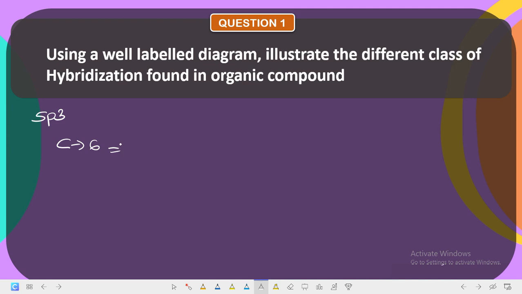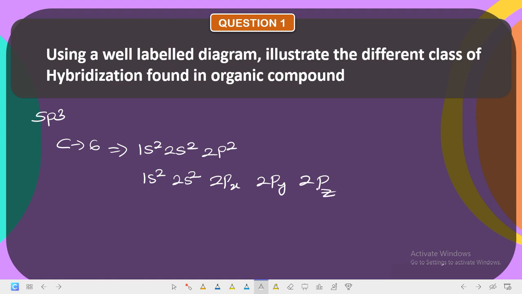Now, writing the electronic configuration for carbon, you have 1s2, 2s2, and 2p2. This p orbital has 3 degenerate orbitals. If I say this is 1s2, 2s2, the p orbital has 2px, 2py, and 2pz.